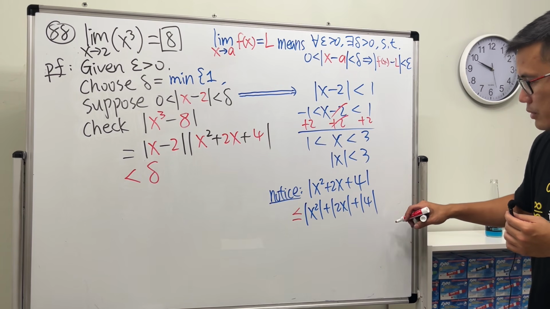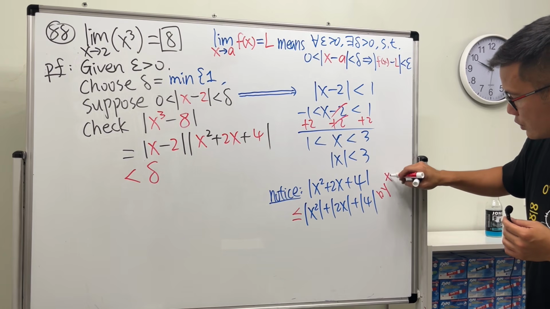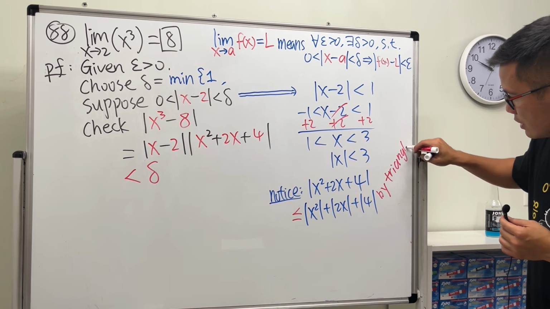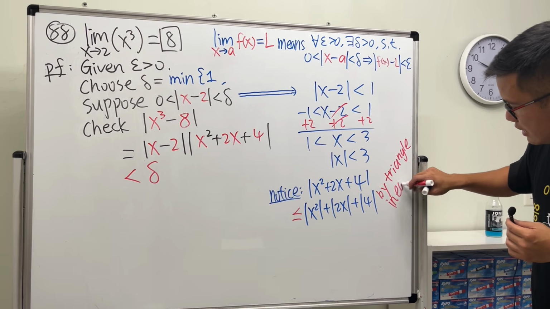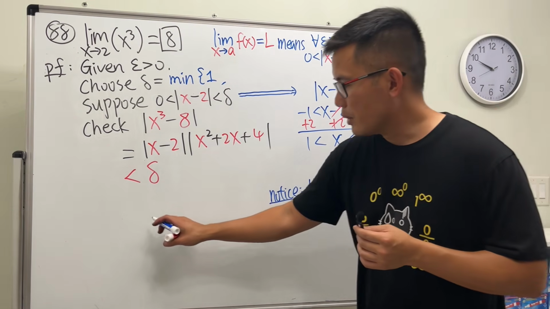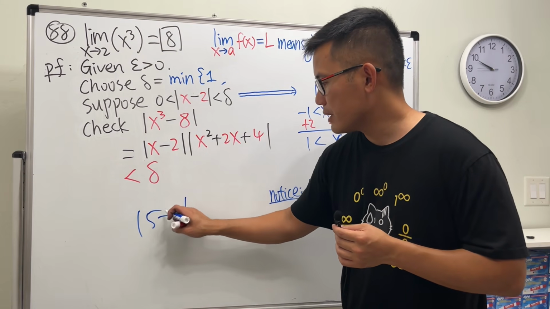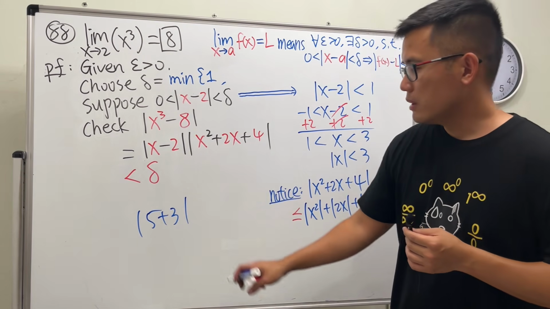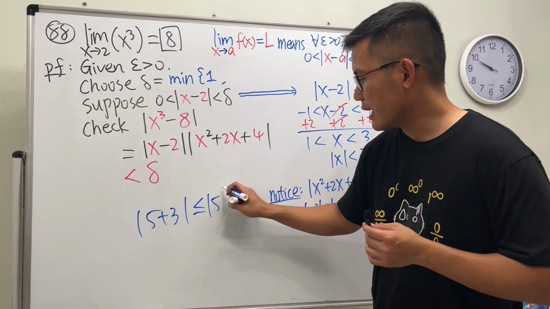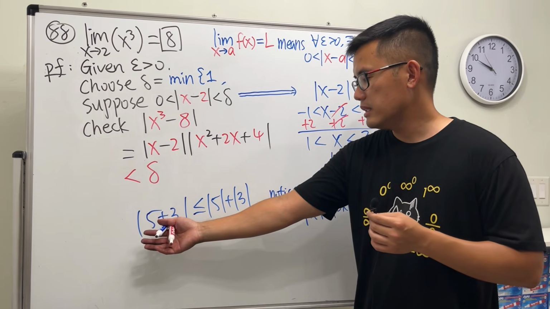So let me just write it down somewhere. By triangle inequality. Let me give you guys an example real quick. Suppose you have an absolute value. Let's say we have 5 plus 3. Well, is this less than or equal to absolute value of 5 plus absolute value of 3? Yes, in fact, they are equal because it's 8.